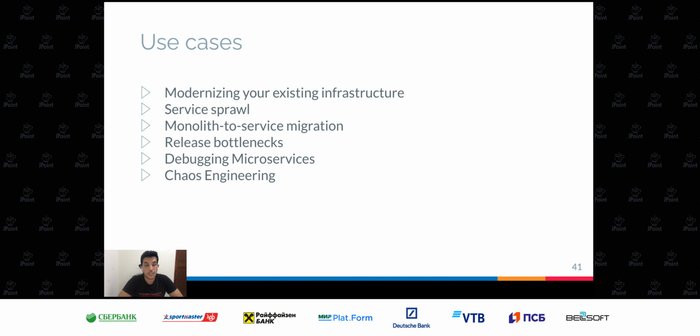Another important use case is pulling down an existing functionality from a monolith and creating a new service from it. So service mesh can effectively help you test this functionality and check whether or not it matches the existing functionality.